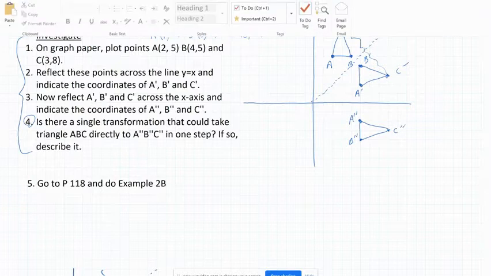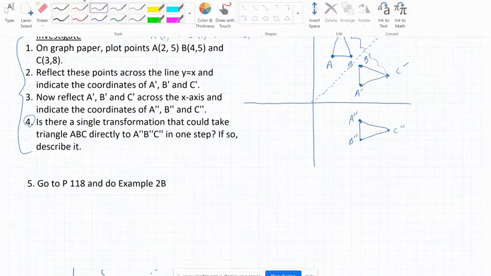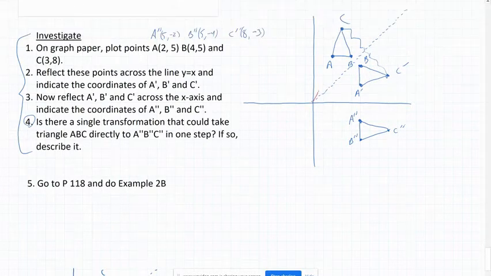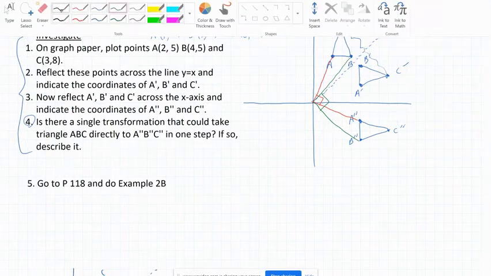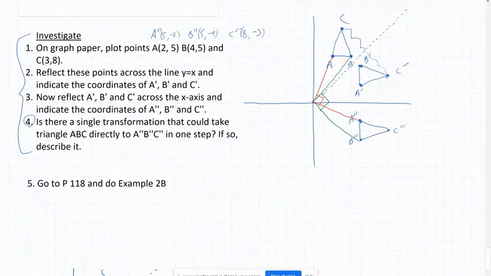So if you compare point A to A double prime, we see that that's just a 90-degree rotation. If we compare point B to B double prime, we see that is a 90-degree rotation. And if we compare point C to C double prime, we see that that is also a 90-degree rotation.